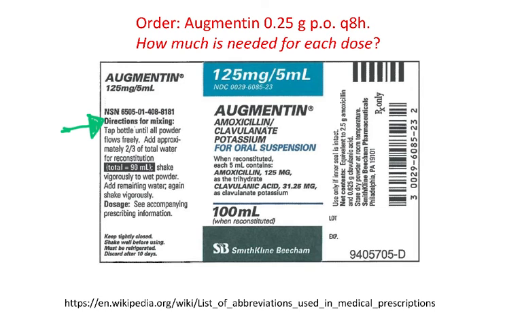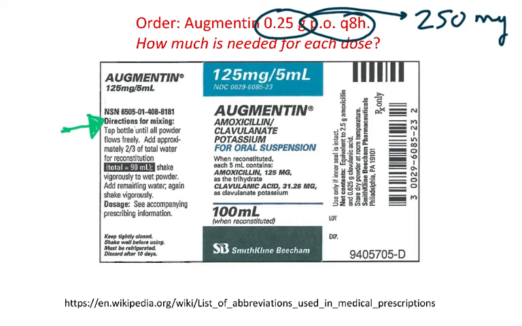Okay, so what does all this mean? We have 0.25 grams, and you should know that that is 250 milligrams, right? And then PO is by mouth, per oral, and Q8H is every 8 hours.